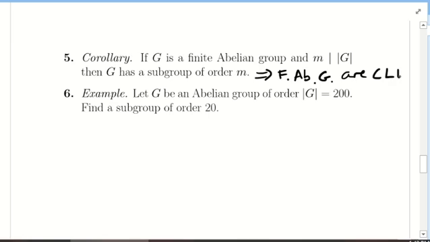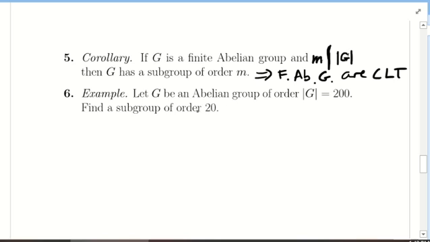So if you have a factor of the order of the group, then there's a subgroup with that order. It's because we have cyclic groups, and cyclic groups are CLT.